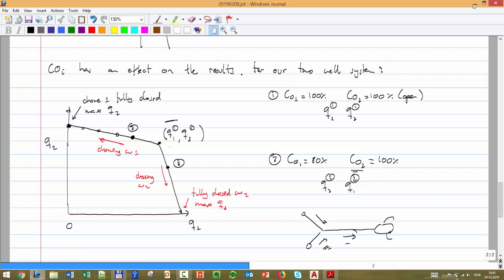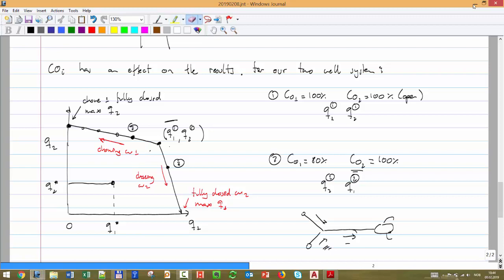Now I ask you, if I want a combination of rates here in the center, is it possible to produce that combination or not? If the reservoir engineer comes and says, I want to produce this Q1 star and this Q2 star, is it possible? It is, because if you choke both now, you should be able to find any combination of rates inside this region.